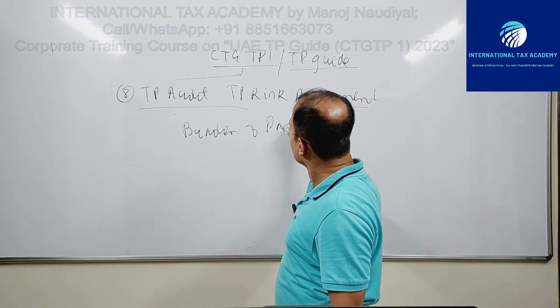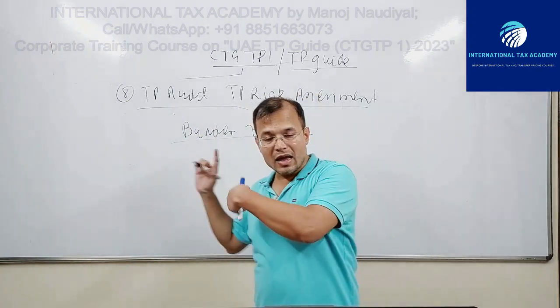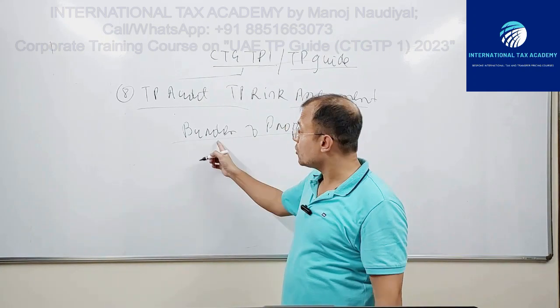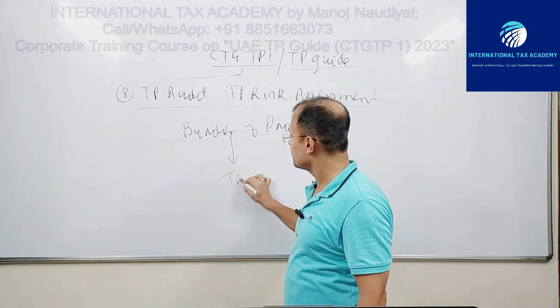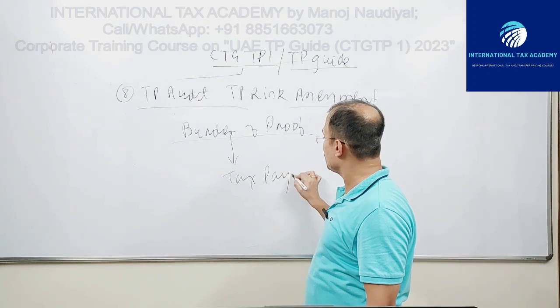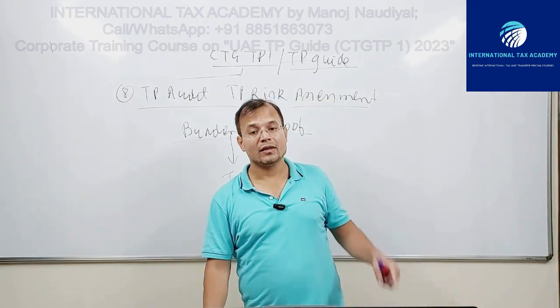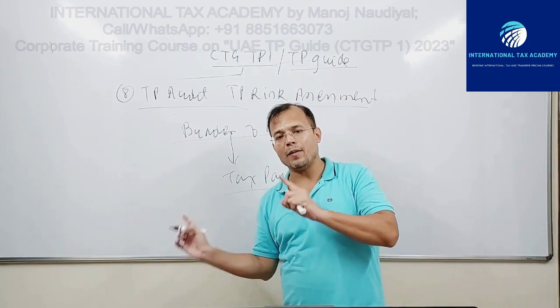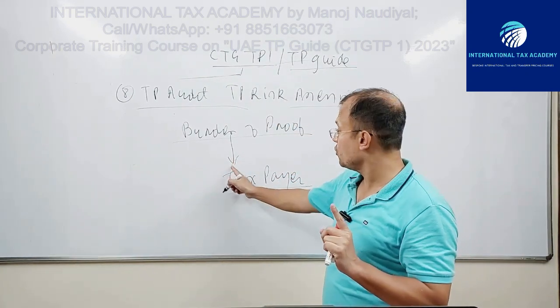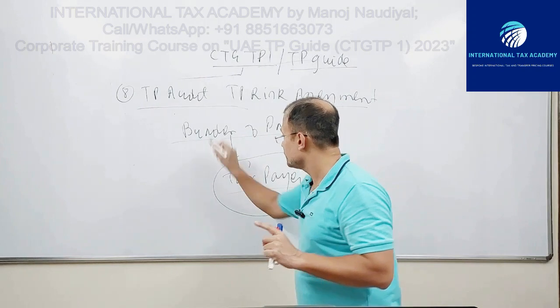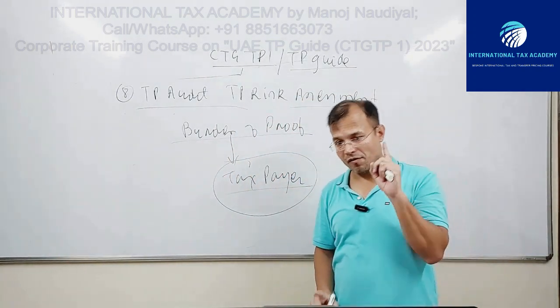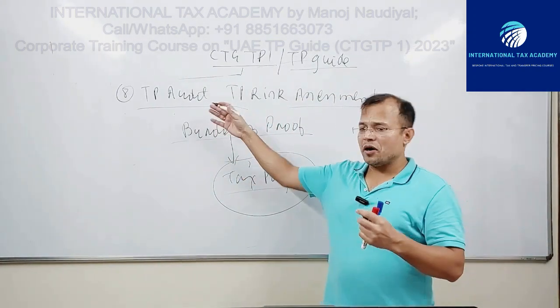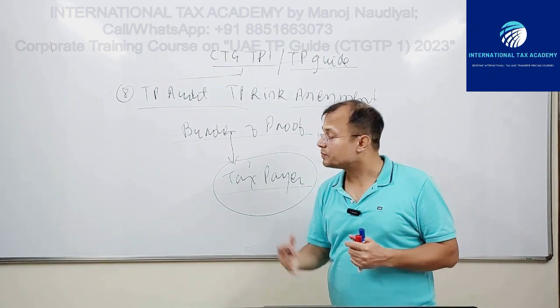The FTA says in the TP guide that the burden of proof lies on the taxpayers. They have to prove that the conditions of their controlled transactions are consistent with the arm's length principle. So the burden of proof is on the taxpayers.